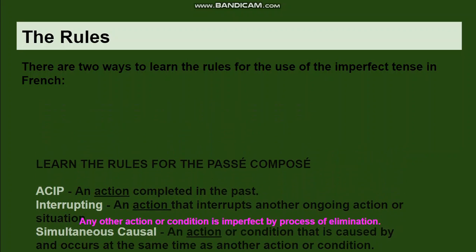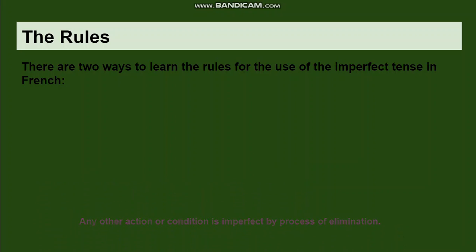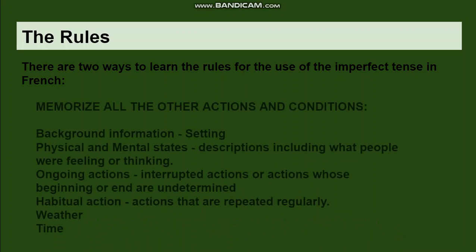Now, that's one way to learn these. The other way is to learn all the other rules for the imperfect. So you can memorize all the rules for when you use the imperfect as background information, meaning the setting, physical and mental states, that's anything you can do with your brain except deciding and suddenly having an idea, and everything about your physical description.